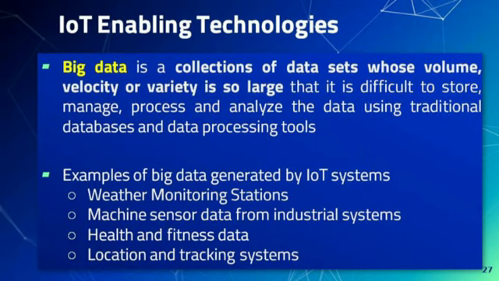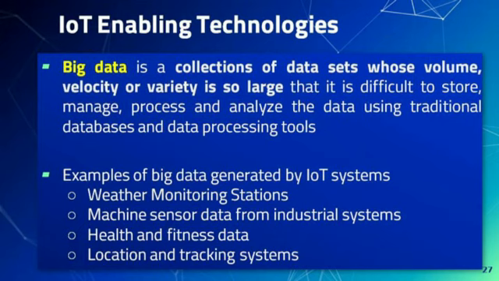Volume is the size, 1 GB, 2 GB, 3 GB. Velocity is how often the data is generated. And variety is the different types: structured data, semi-structured data, unstructured data.